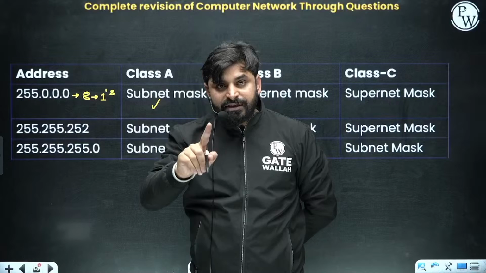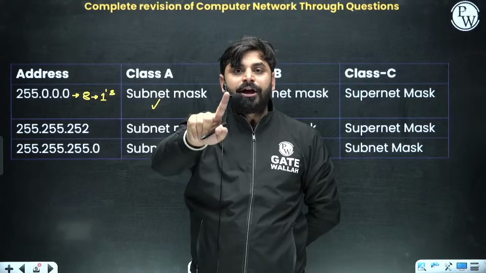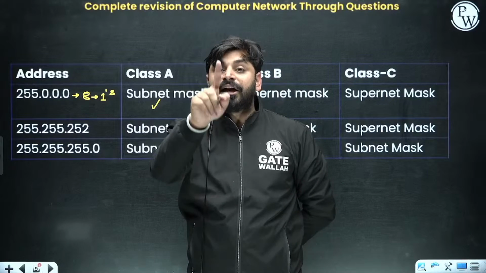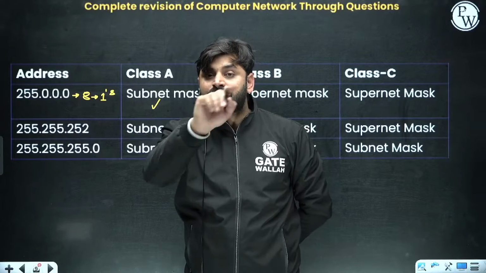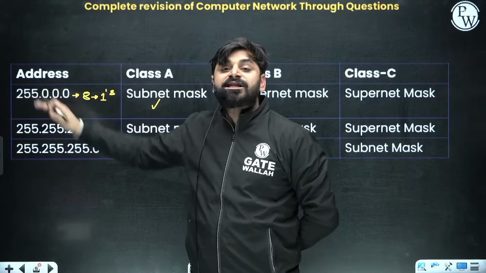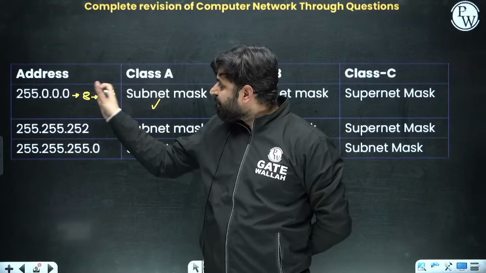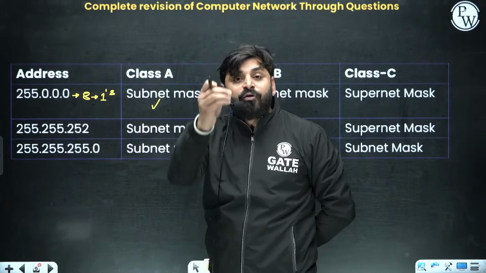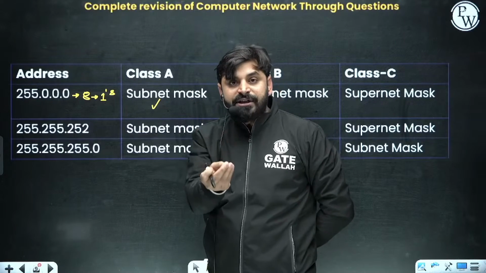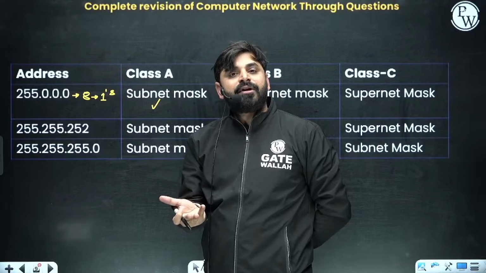If number of ones is equal to the network ID or greater than the network ID, it is used as a subnet mask. If number of ones is less than the network ID bits, it is used as a supernet mask. So for this address with class B, the class B network ID is how many bits? 16 bits. How many ones do we have? 8 ones. So number of ones is less than the network ID bits, so definitely it will be used as a supernet mask.